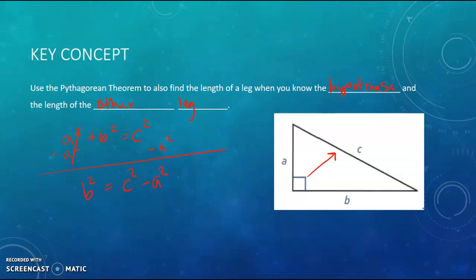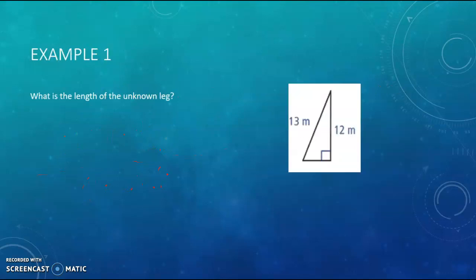We'll do a couple examples using both methods, either starting with a squared plus b squared equals c squared and solving, or starting directly with b squared equals c squared minus a squared. You'll get to see how both versions work. It gives you the same answer either way, which is why both versions work.